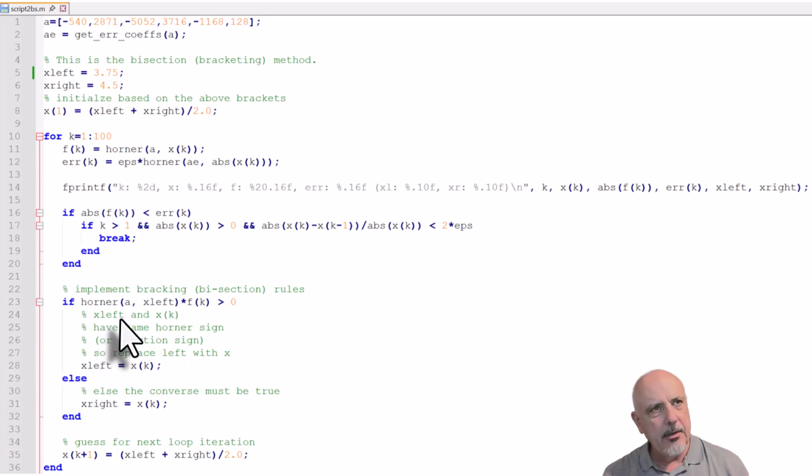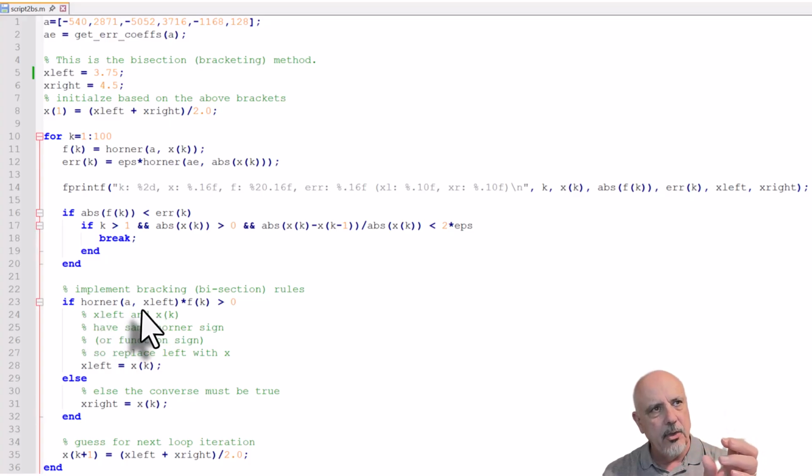Well, I've got my polynomial evaluated at the current x. I've got that f of k, and what I want to do is evaluate the polynomial at my x left, or x lower, and see what its value is.